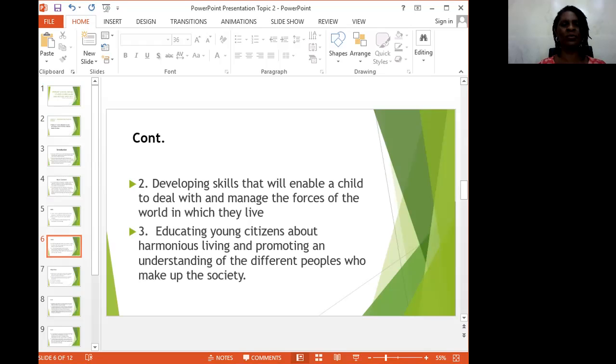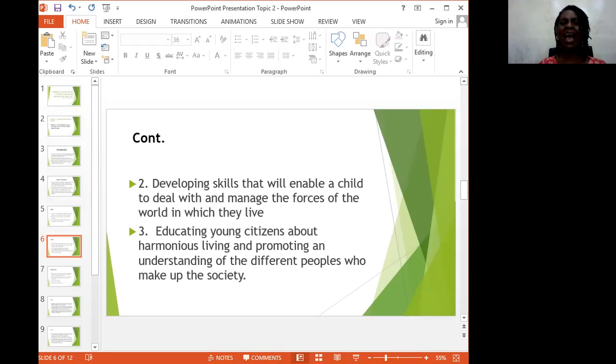Then the third one, educating citizens about harmonious living. Remember in our lesson 1, we talked about the different individuals that live together in an environment. These individuals are not from the same home, not from the same clan, not from the same village, but from different ethnic groups. We have even people from different countries that live together.